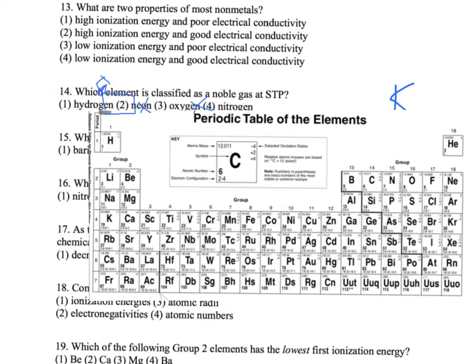The next question asks us to evaluate nonmetals. So the keyword here is nonmetals, and we're asked to look at their electrical conductivity and their ionization energy. Ionization energy is found on reference table S. We'll look at that shortly, but with electrical conductivity, nonmetals are poor conductors of electricity, so they could not be choice 2 or 4 because those represent good conductors.